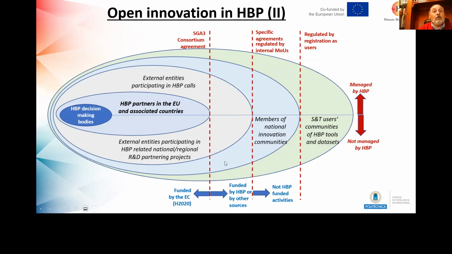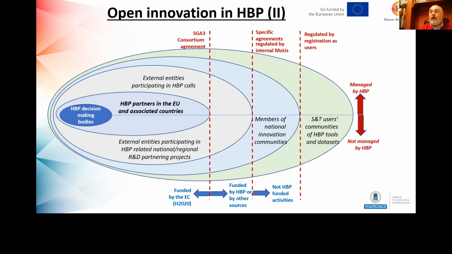We also have members of the innovation communities that could produce additional things. We could also have users at the end of the community. All these kinds of entities will belong to the open innovation ecosystem that we need to build by the end of the project as a part of EBRAINS, which hopefully will become a European research infrastructure in ESFRI, maybe in July.